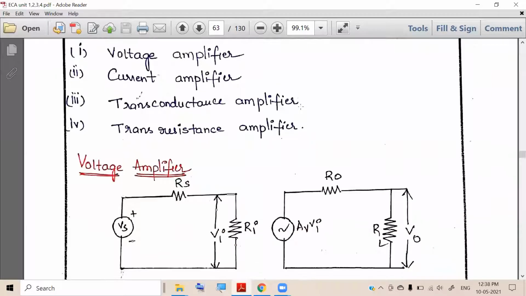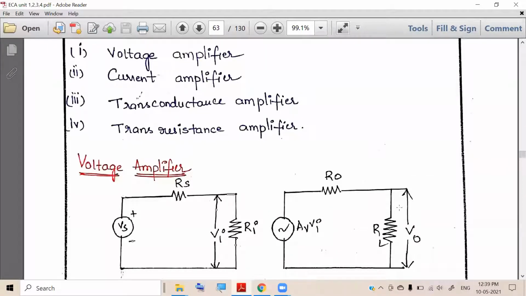So here again I am explaining V0. What is the rule for V0? RL we have to open circuit. Then we connect a source at V0, with current drawn from the source I0.